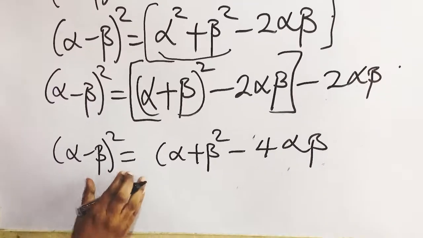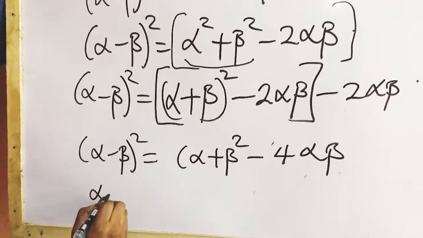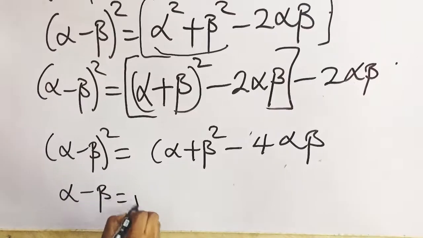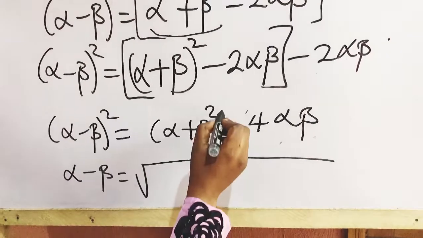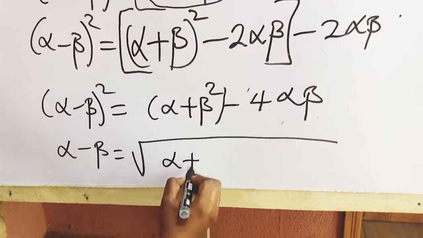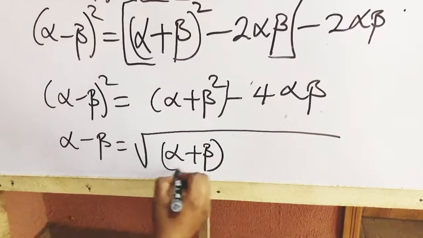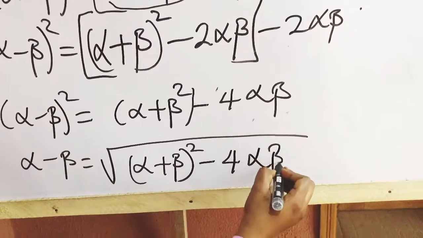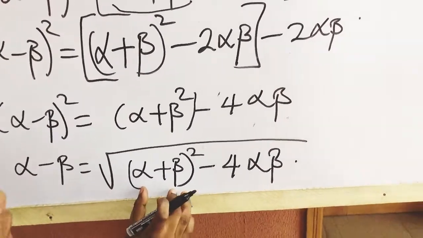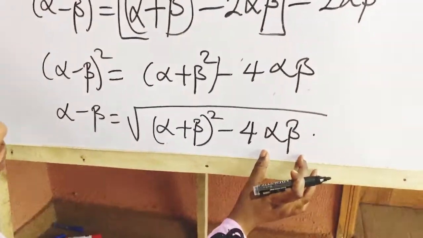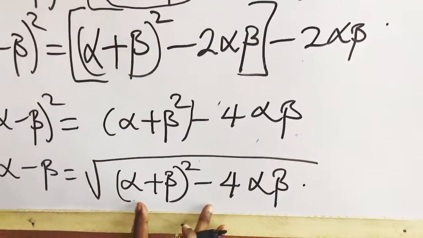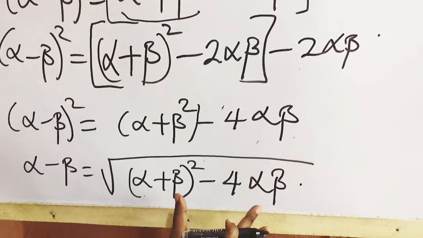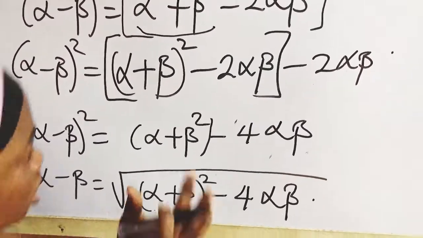Now let's take the square root of both sides. So alpha minus beta will now be equal to square root of alpha plus beta squared minus 4 alpha beta, and we have known the value of sum of roots and product of roots. So what we need to do now is that we are going to substitute their values inside this equation.